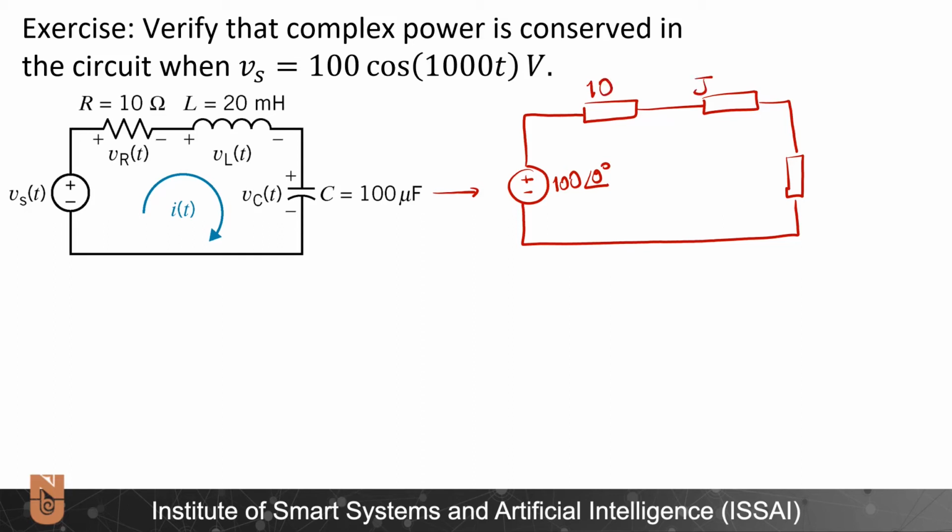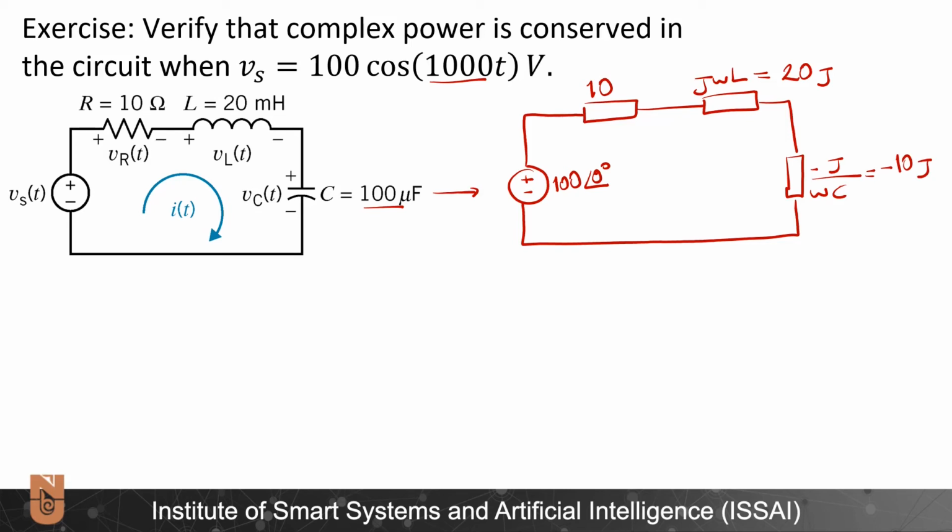Here the inductor will be jωL, assuming that ω is 1000 and L is 20 millihenries, so I have 20j. And similarly I will have minus j over ωC, where ω is 1000 and C is 100 microfarad. So this will be, if I am not wrong, minus 10j.